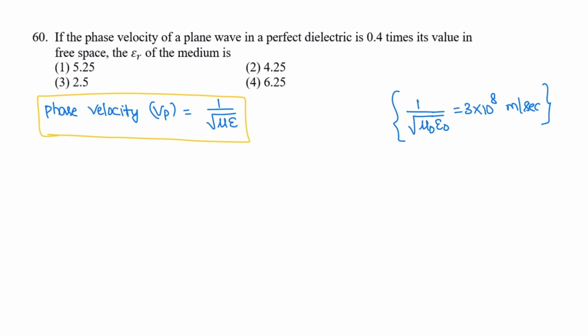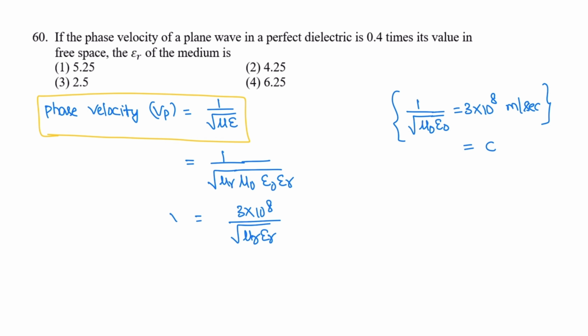In this case, mu can be replaced by mu naught mu r, and epsilon can be replaced by epsilon naught epsilon r. We know that 1 by square root of mu naught epsilon naught is 3 into 10 power 8, which is c, the velocity of light. So that is 3 into 10 power 8 by square root of mu r epsilon r.